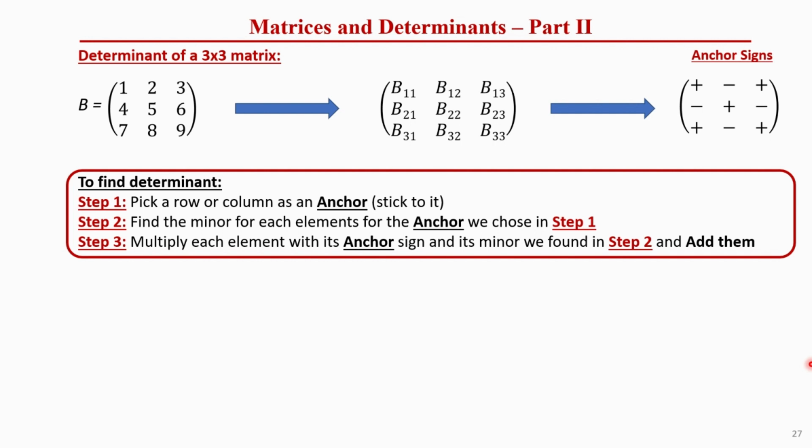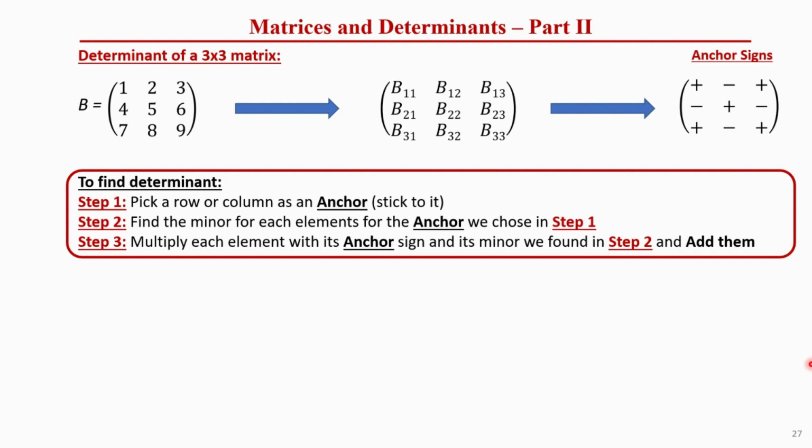So, step 1, for a 3 by 3 matrix, we can pick a row or column as an anchor row or anchor column, and we stick to that row or column. You can pick whichever row or whichever column you want, but whichever you pick, you need to stick to it. And for step 2, we find the minor for each element of the anchor row or anchor column we chose in step 1.